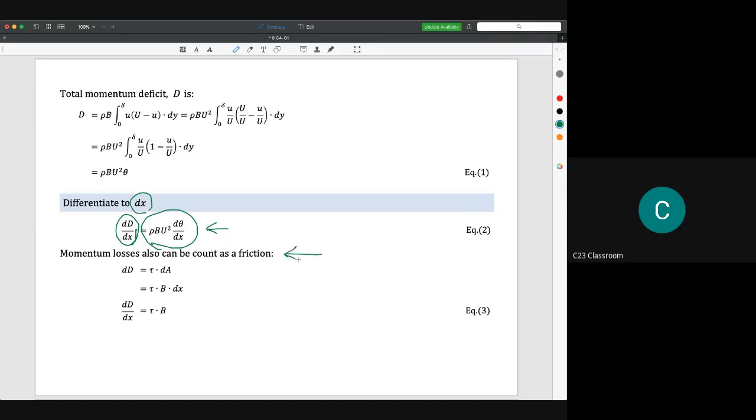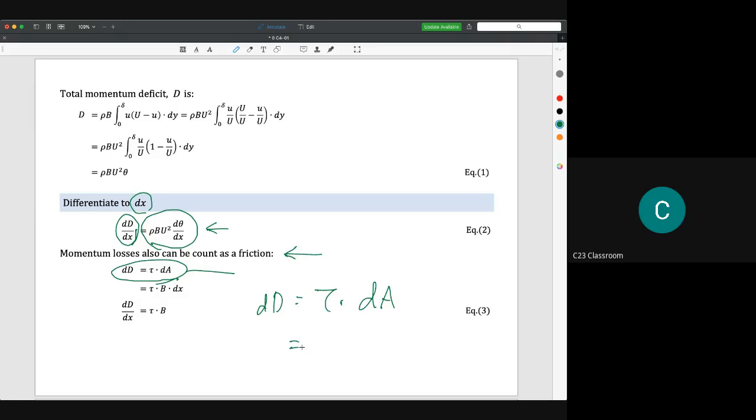We must know that the momentum loss, why the velocity distribution becomes like that, is because of the viscosity of the fluid and its shear stress that create that phenomenon. So we could say that the momentum loss is actually caused by the shear stress. Because momentum is a part of force, we could write that dD is equal to tau times dA.